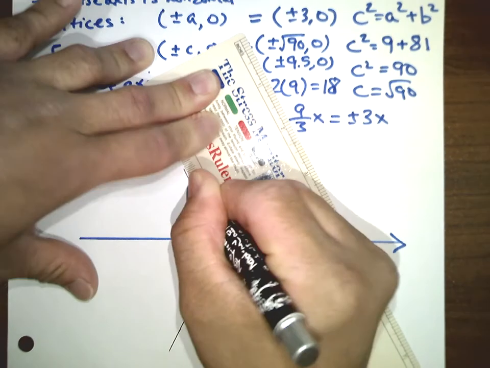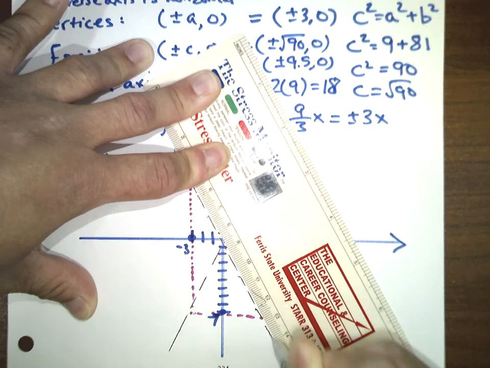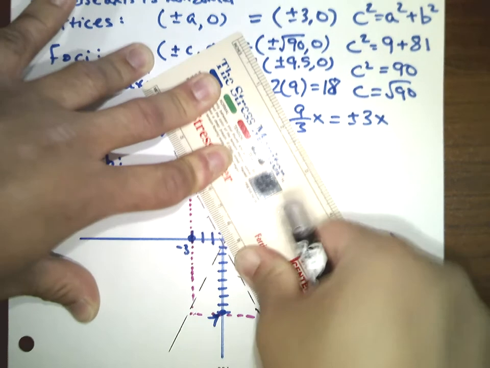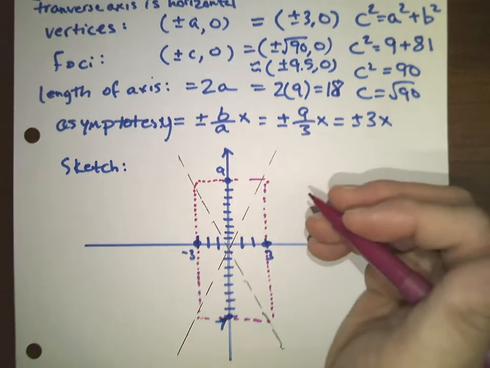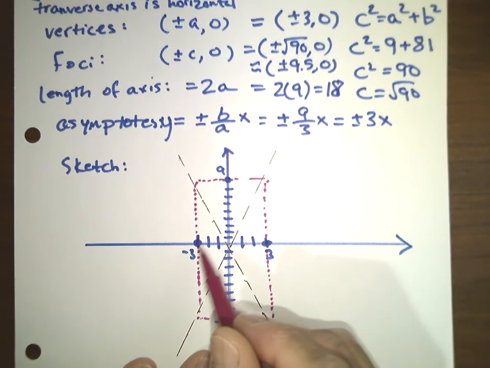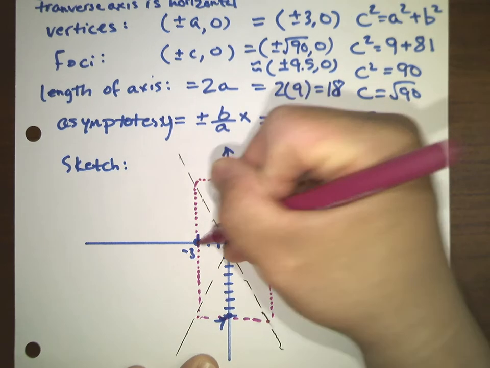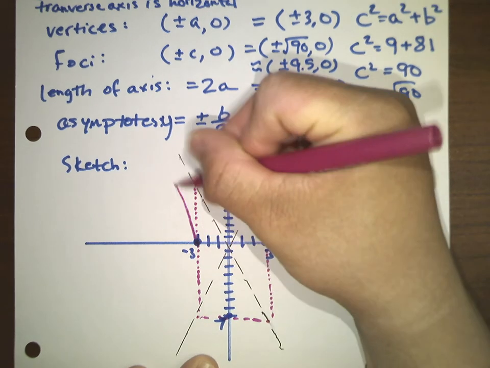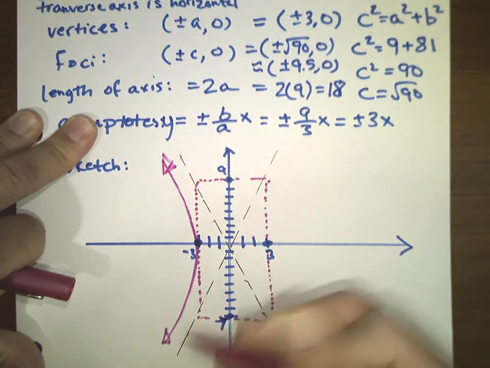And then I can draw the hyperbola after that. So make sure again that the points on the transverse axis are actually on the hyperbola. So I'd start at that point and then draw the hyperbola out toward the asymptotes.